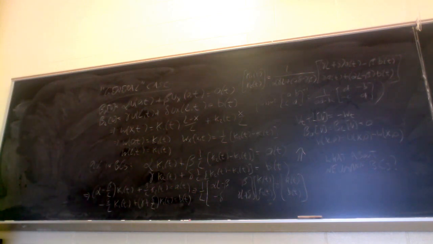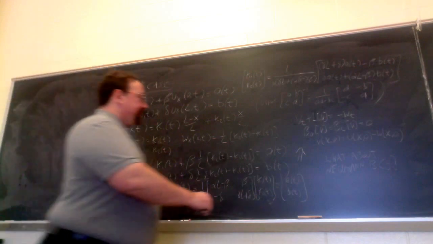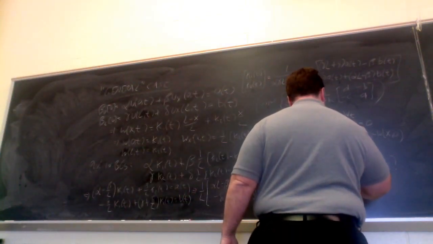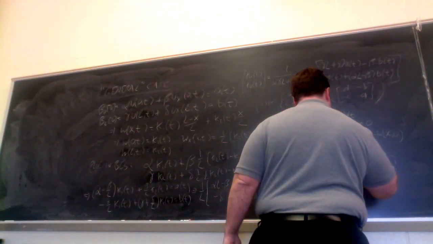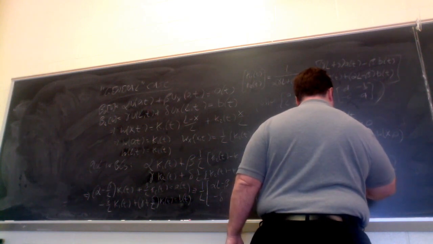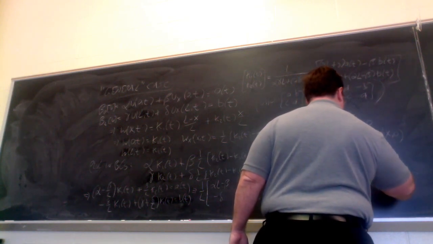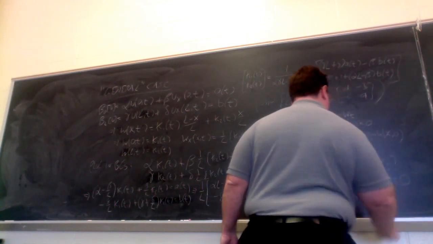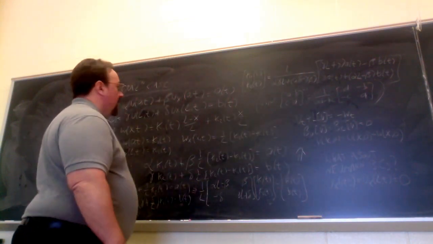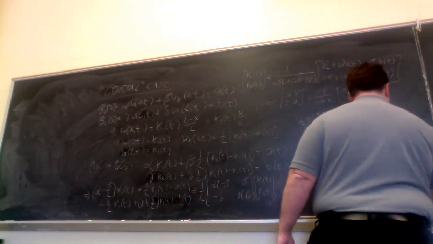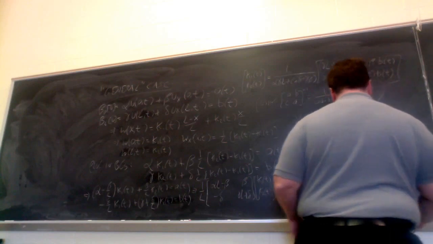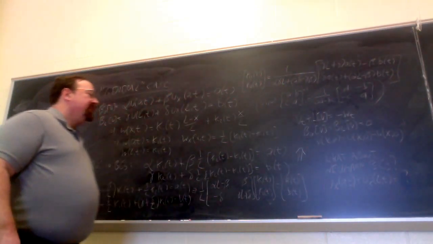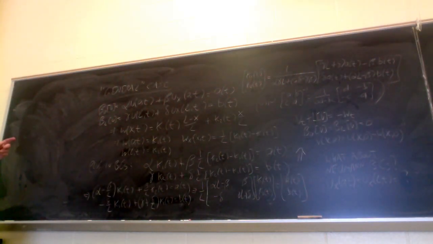Alpha and gamma will be 0, and beta and delta will be 1.